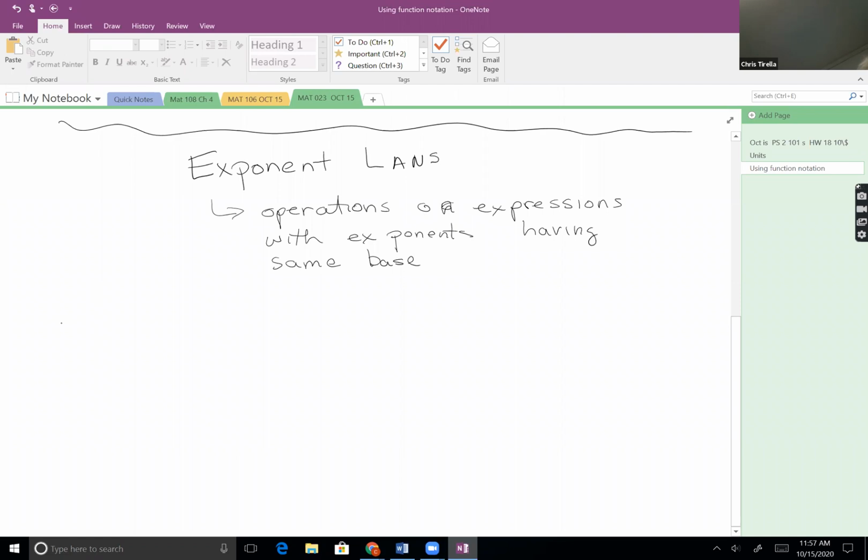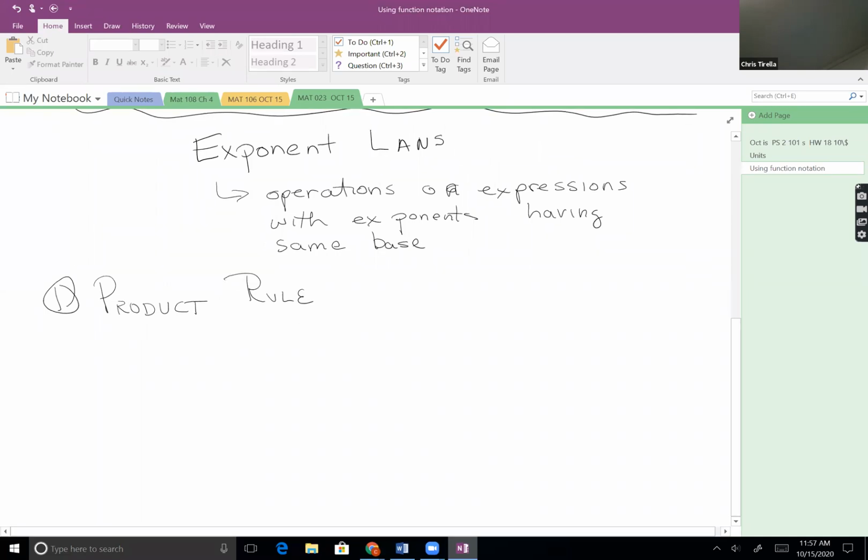And the first exponent law that I'm going to look at is a product rule. And for this product rule, again, I'd like to take an example and do it out a slow, painful, arduous way to show you why the rule works as it does. And then we'll use the shortcut for the rest of them.